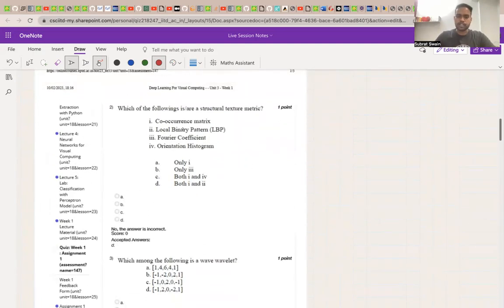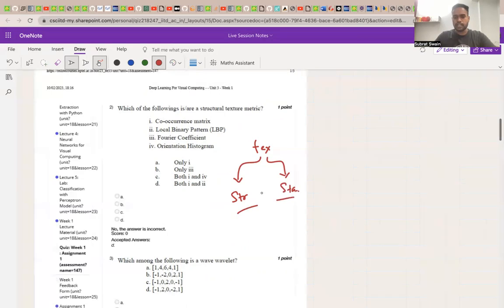Coming to the second question: which of the following is a structural texture metric? We know that texture is of two types: one is structural and the second one is statistical.